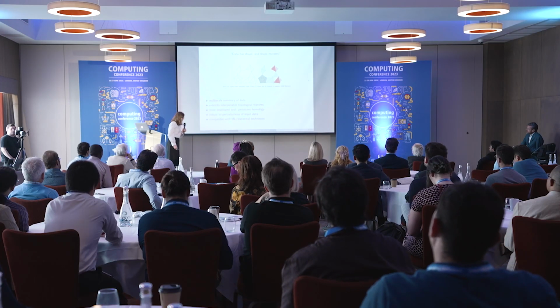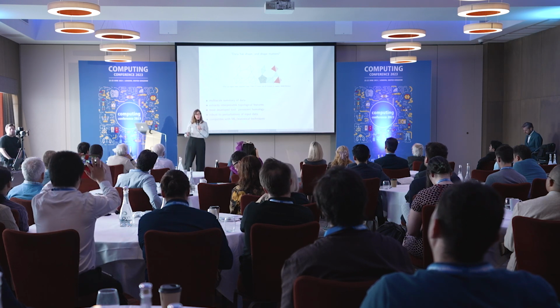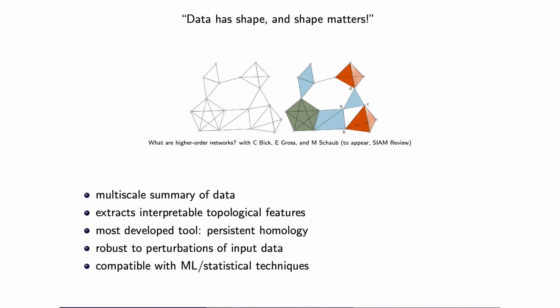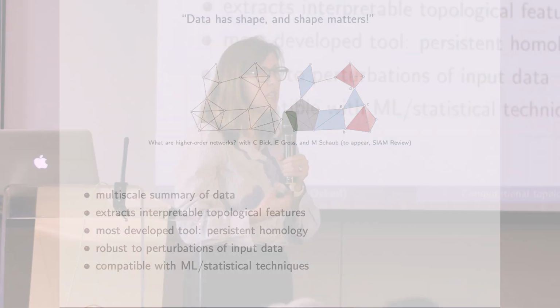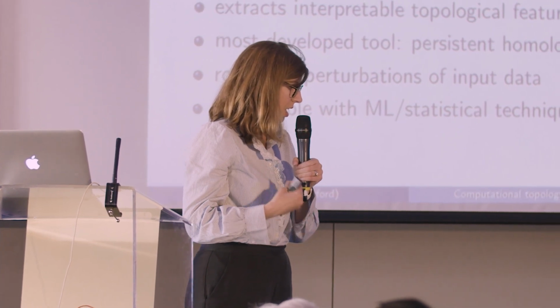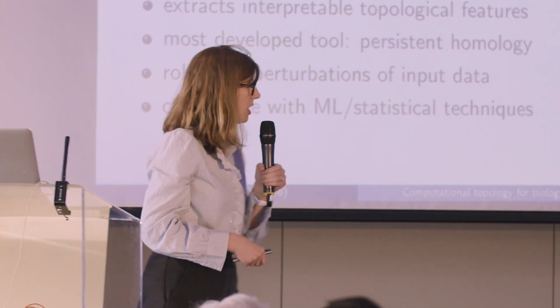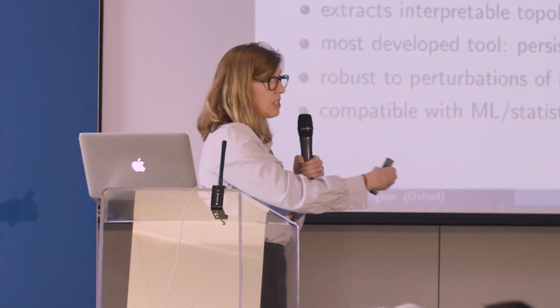So today, I'm going to tell you about one algorithm, and it's called persistent homology. What's so special about this algorithm is that we can quantify the connectivity of data in different ways, all in one descriptor. So this is crossing different scales of your data.